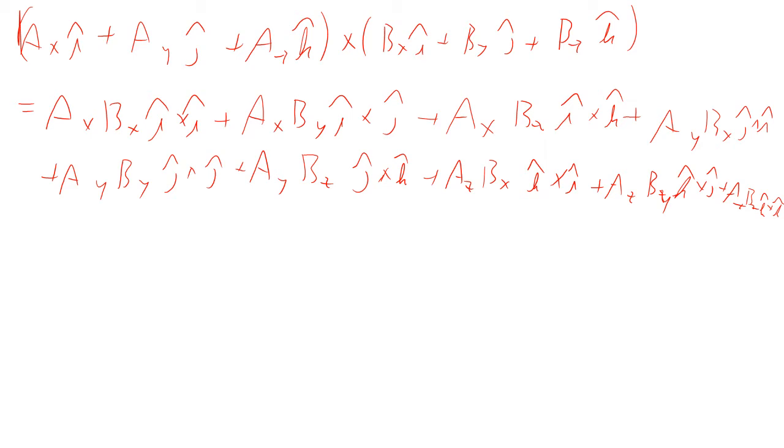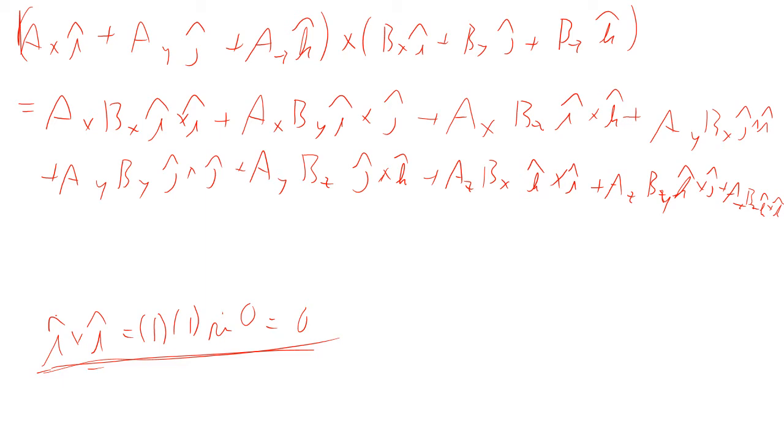Because you remember when we did the vector dot product, we found a way of simplifying all this. So let's ask, what is I cross I? That is equal to 1 times 1 times the sine of the angle between I and I, which is 0. Anytime you have two parallel vectors, the cross product between them is 0.